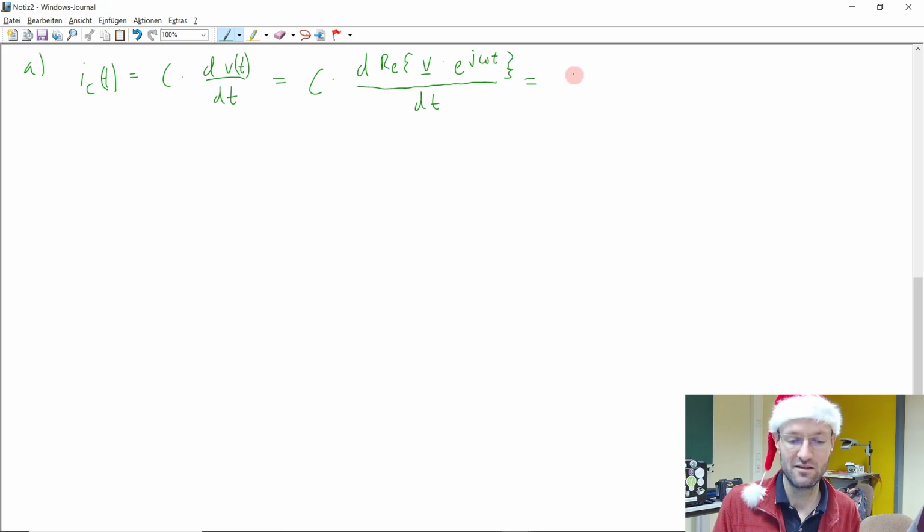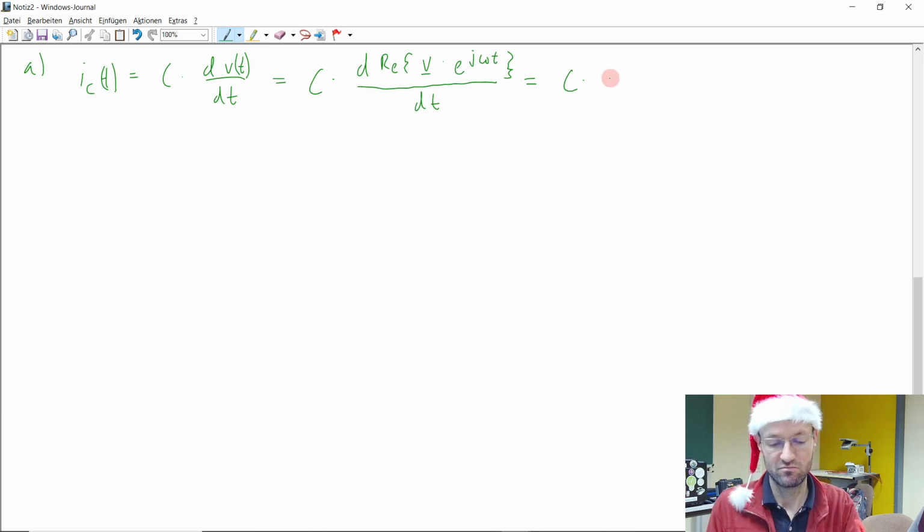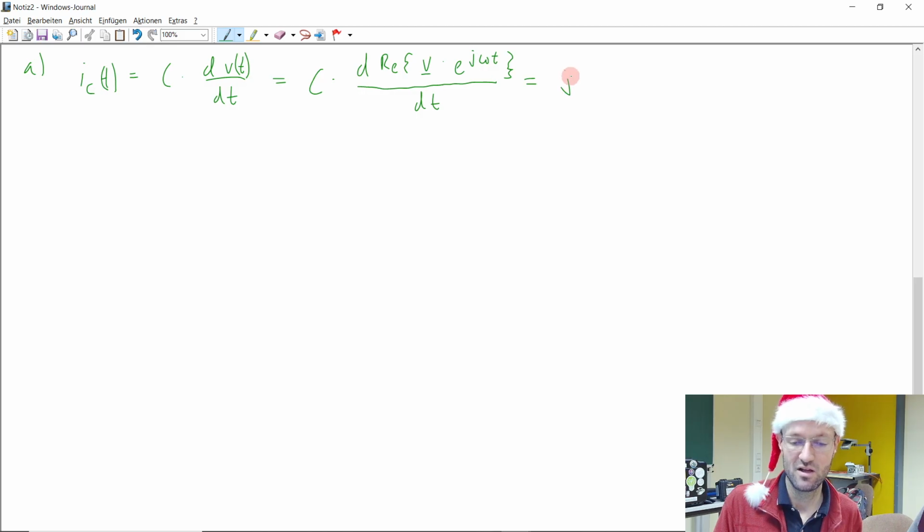So the result here is, okay, we get C times j omega, the multiplication with j omega. We still have C, and then our time derivative is gone, and we still have the V. But that we still need inside the real part, so let's write it like this. So we have the real part still of V times e to j omega t.